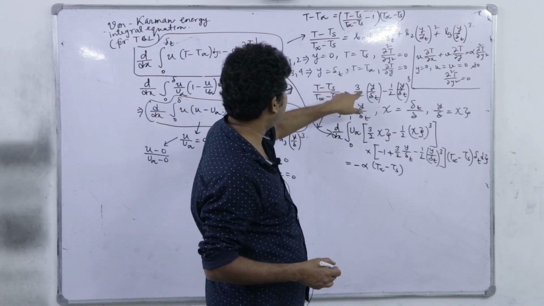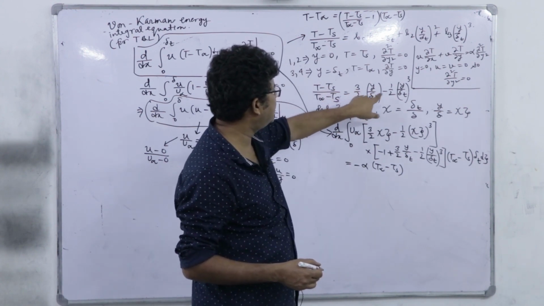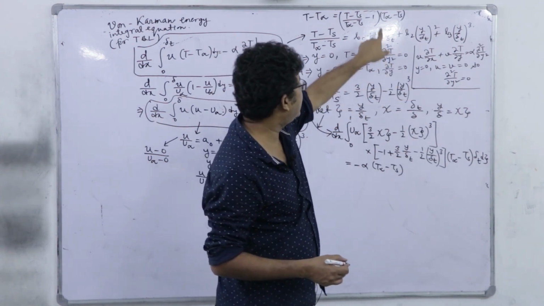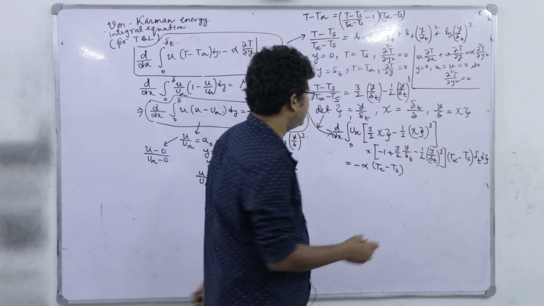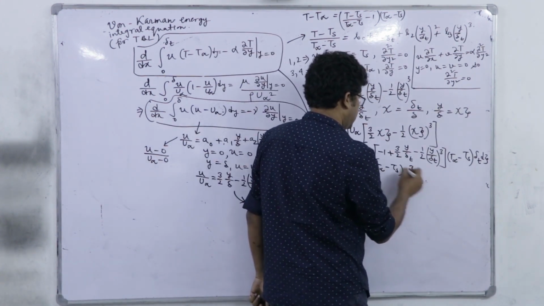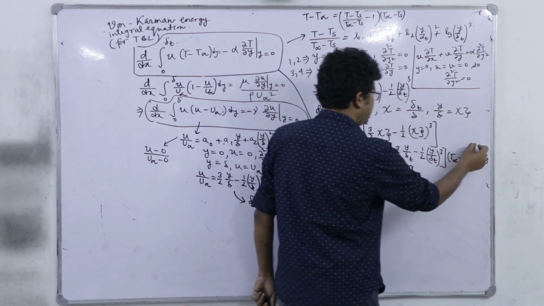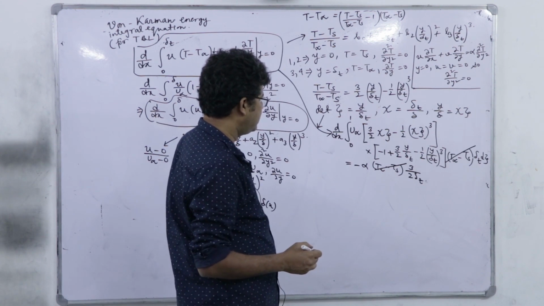If you take the derivative, 3 by 2 y delta T, and here will be y square, and at y equal to 0, this part cancels out. So it will be 3 divided by 2 delta T. Now this and this cancels out from two sides, right?